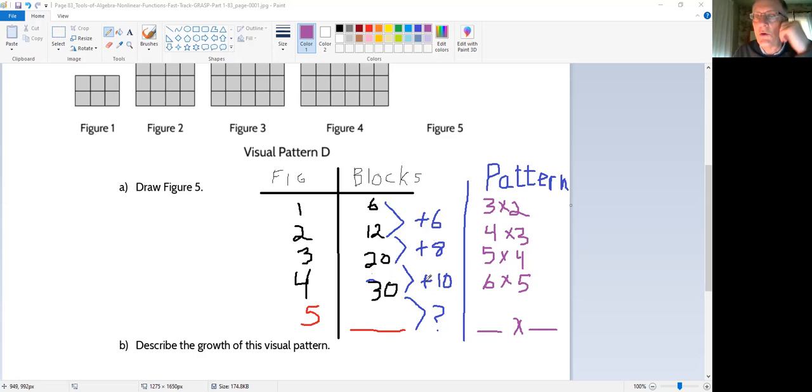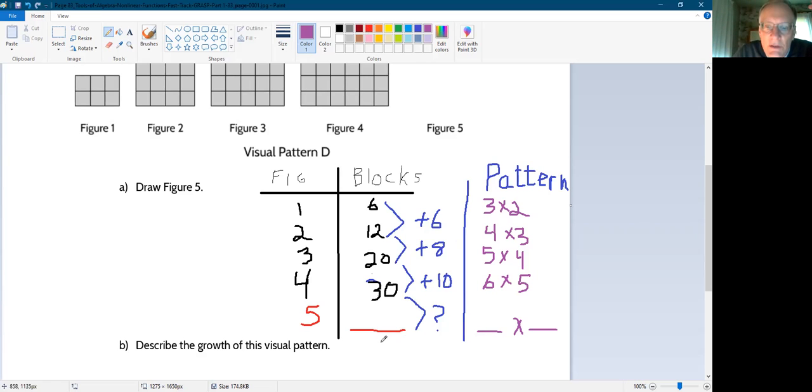So we can even see a pattern with these numbers: plus 6, plus 8, plus 10. So that seems to be increasing by 2 each time, doesn't it? Of course, 6 to 8 to 10. So the next one would be plus 12. Very good. So that would mean we'd add 12 to 30, or 30 plus 12.